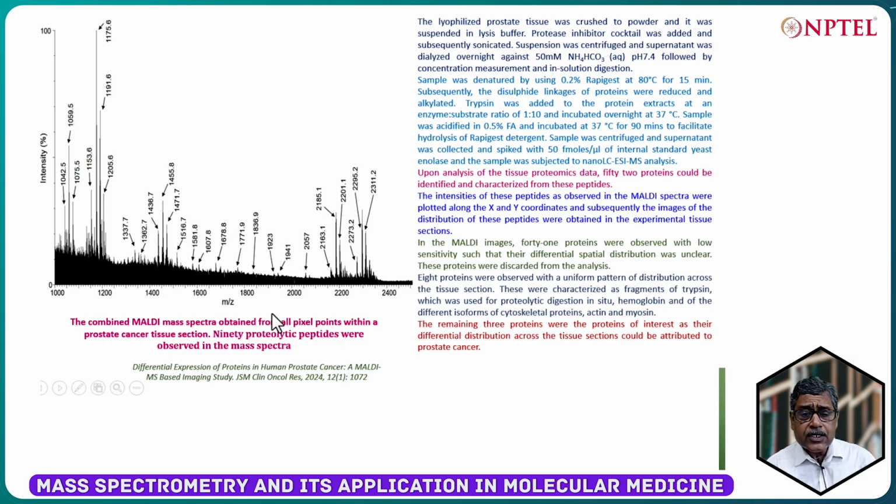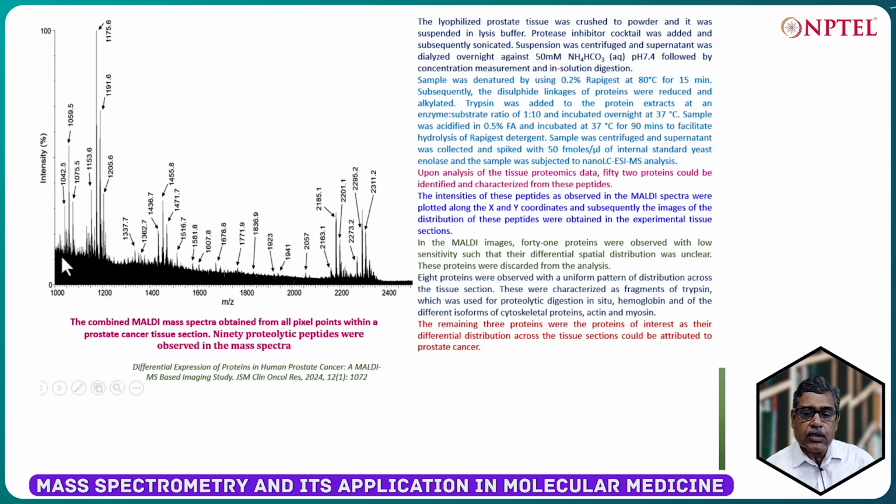The serial section of the tissue I showed is scanned, and the entire section gave mass spectra, with the information kept in the background, 90 pixels in X and Y directions. This spectrum is the summation of all firing done at different portions of the tissue. This is why it's called combined mass spectra.